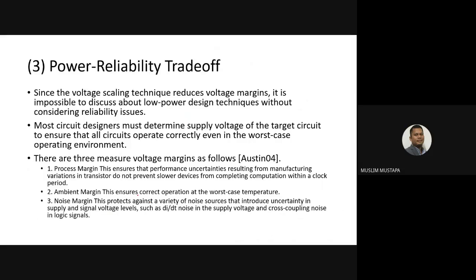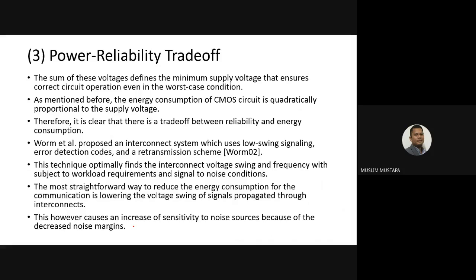So we have to ensure that our design can work in the desired temperature. If you lower down the voltage, is it going to work in a cold place or a very hot place? So it depends. Noise margin: if you lower down the voltage, does it create noise, and in the end cross coupling or disturb your logic signals? All right, so I think these are the things that you can read about.